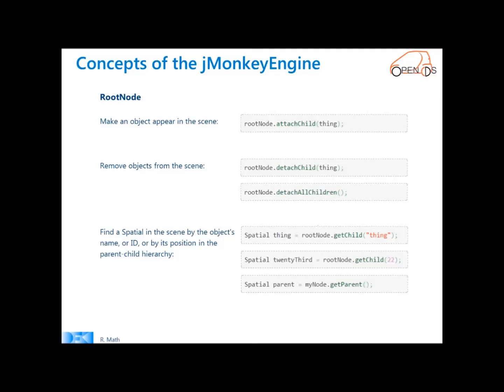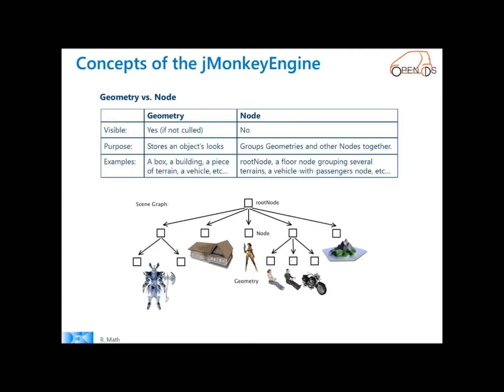So we could also use this if we know the position. In our case, it would be the ID 0. For the first object, we could ask for get child 0, and we would also get the blue box. Or if you have access to the box, you could ask for the parent, and you will get the root node as a result.